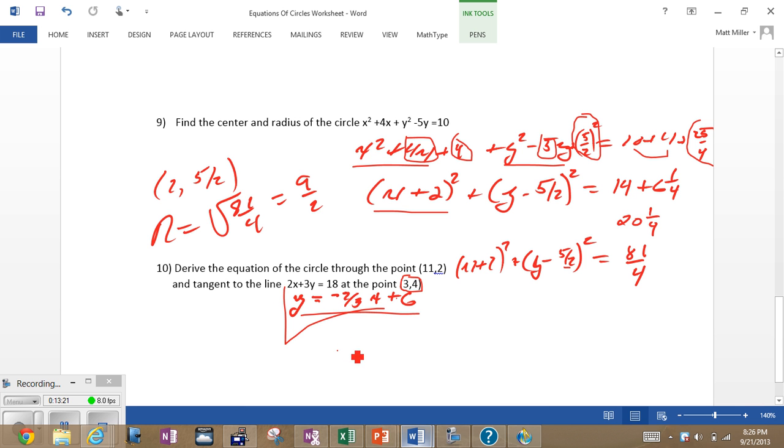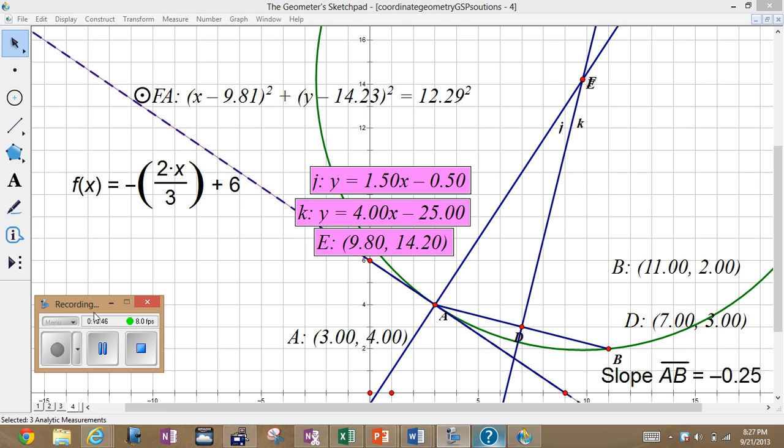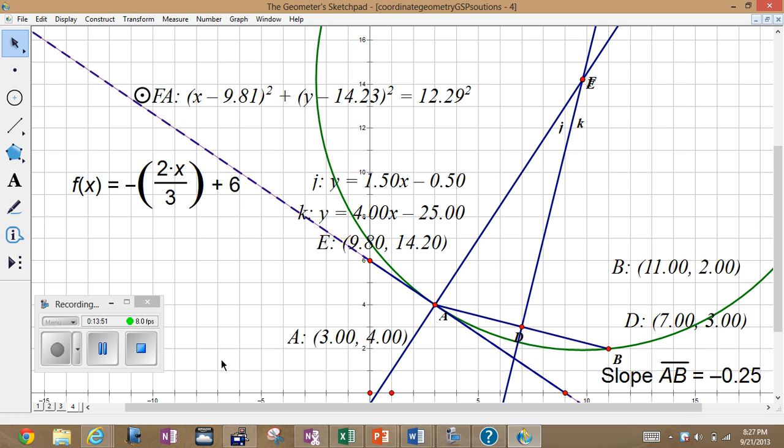It's a bit of an algebraic nightmare in terms of what it involves, but looking here on Sketchpad, if you can get the equations of the perpendicular bisector of the chord and the equation of the perpendicular to the tangent at the point of tangency, and find their point of intersection, then you're well on your way to resolving that problem. Okay, and number 8 is going to be pretty much the same. So good luck with that.